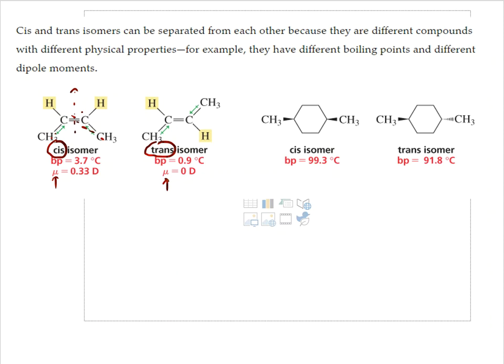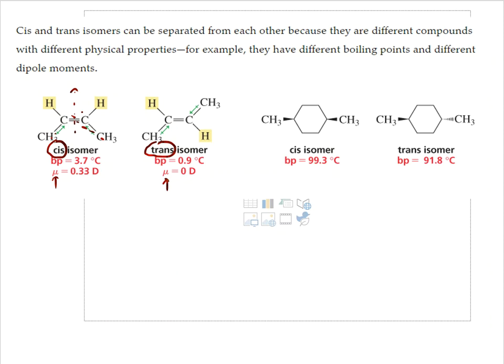So even though this is the same molecule, with the same formula weight, with the same carbon, same hydrogen, same everything, they're both alkenes. No difference other than cis or trans. One of these molecules is basically nonpolar, and the other molecule has some polarity associated with it.